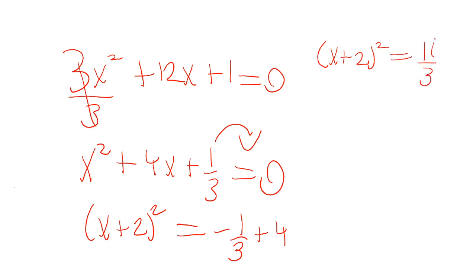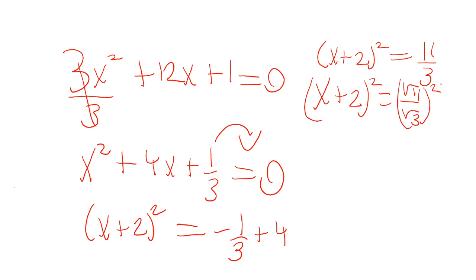Now we need to convert this into the square root of 11/3. This can also be written as root 11 divided by root 3, squared, which gets rid of the square roots. But as we saw in the previous video, we like to rationalize our denominator.